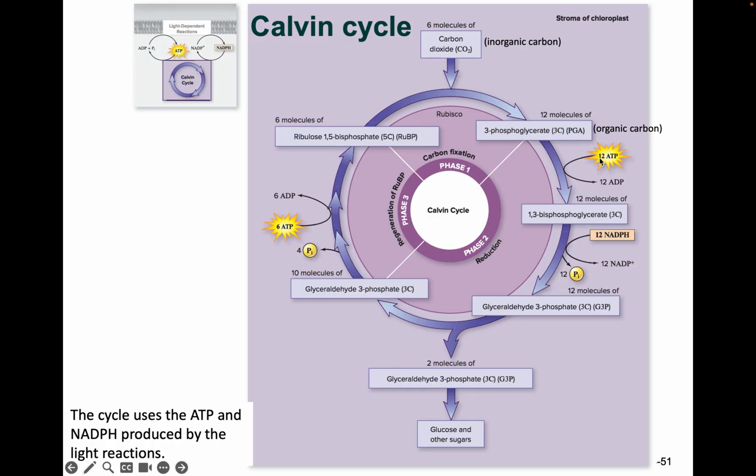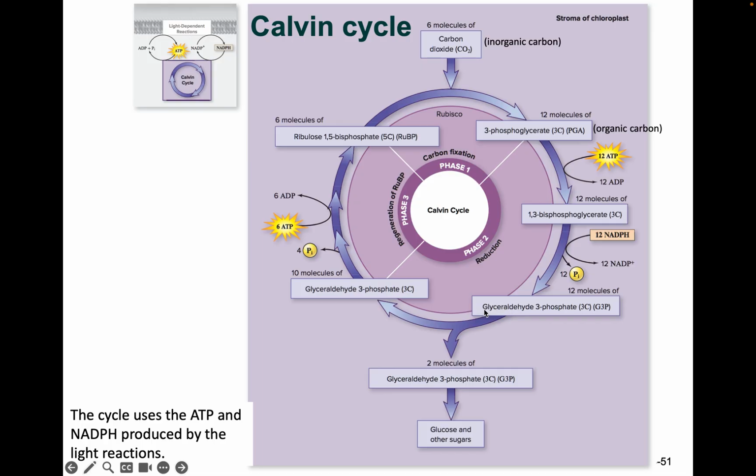So 12 ATPs are used here. And then this gives you glyceraldehyde 3-phosphate. Of course, this is also with the help of NADPH. So this is where the products of the light-dependent reactions are used. ATP is used here to help us create this 1,3-bisphosphoglycerate. NADPH gives electrons to give us this glyceraldehyde 3-phosphate.